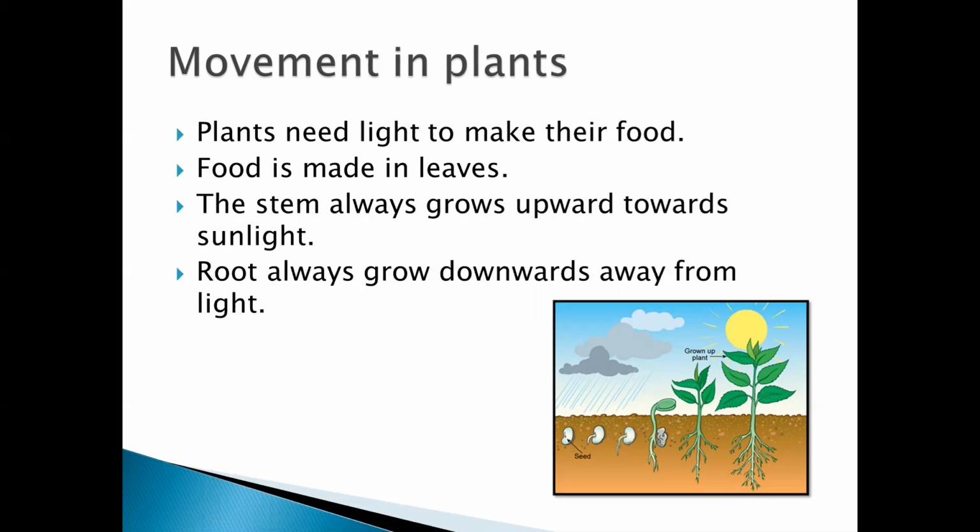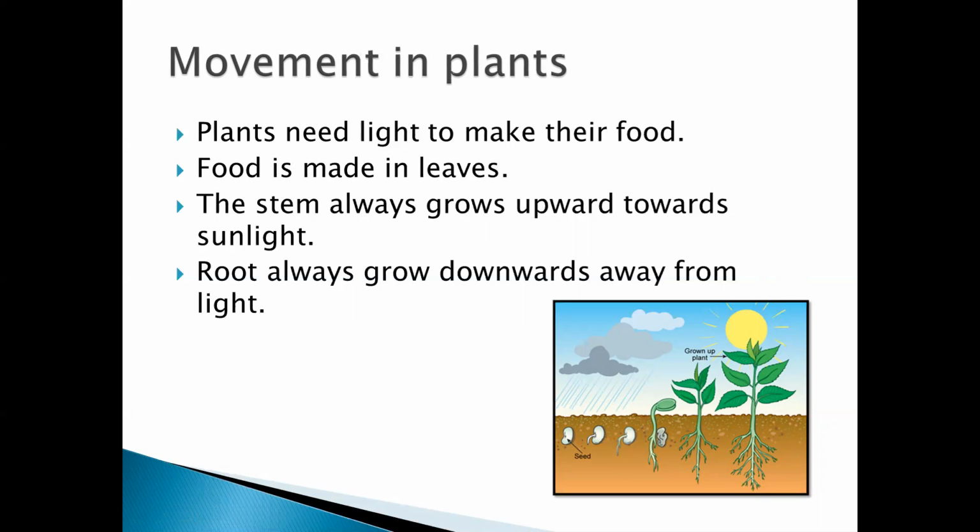So when the plant prepares its food in the leaves, how does it move? When the plant grows up from a seed, as you can see in this picture, you have always observed that the stem grows upwards towards sunlight.